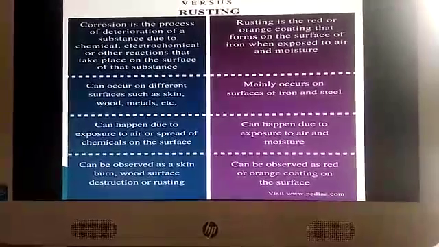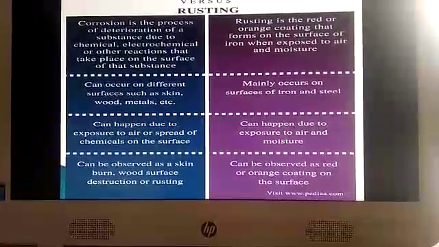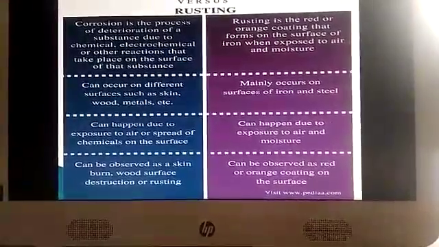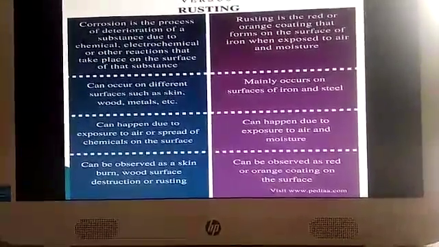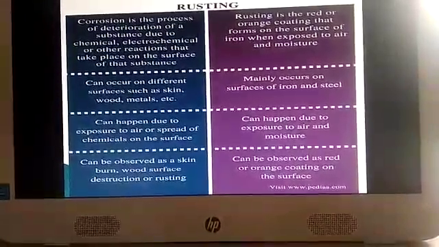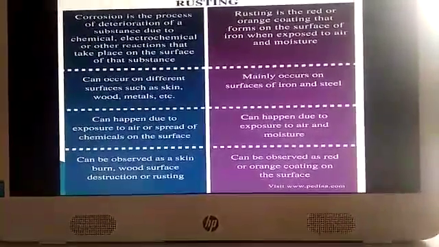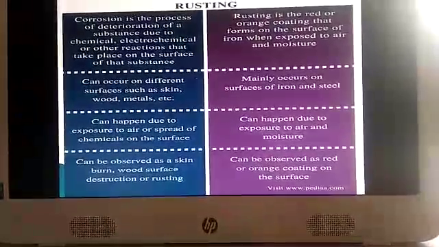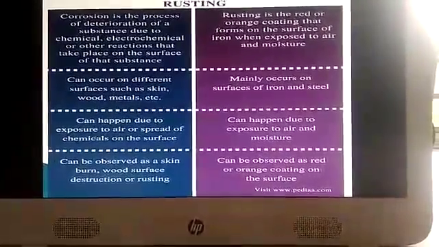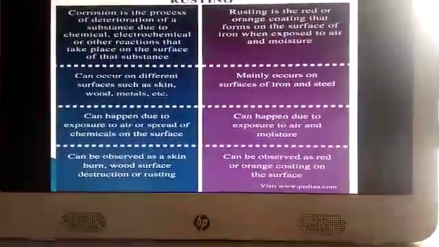What does deterioration mean? A change, to modify, to a finished product, due to chemical or electrochemical or other reactions that take place on the surface of the substance. Or deterioration is also nothing but a collapse, finished.